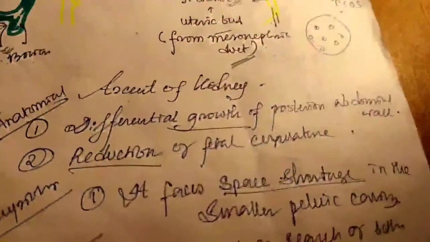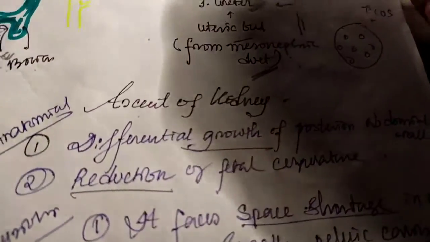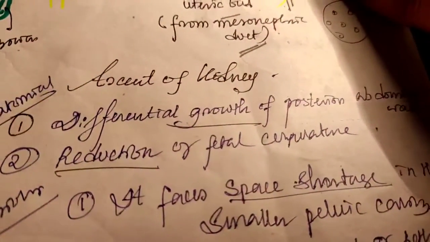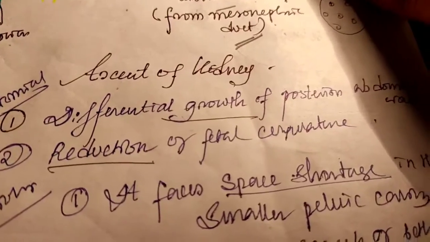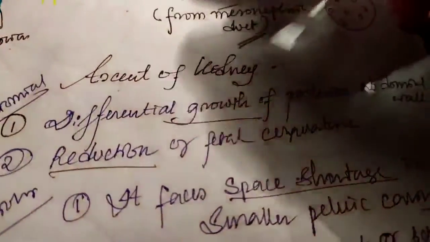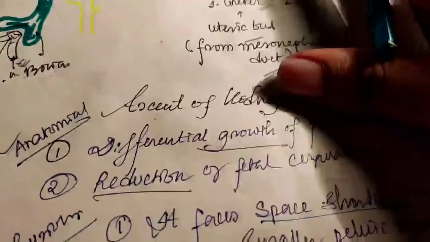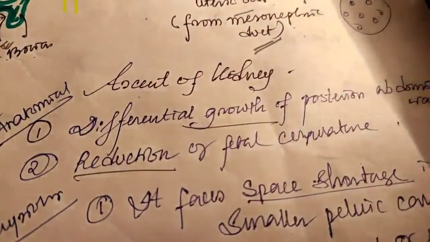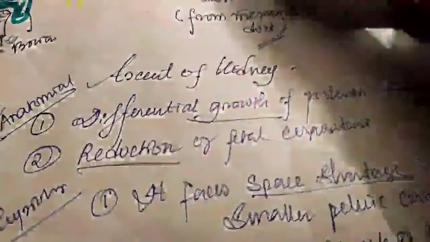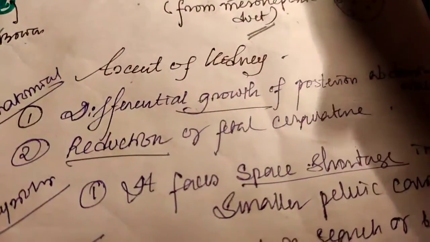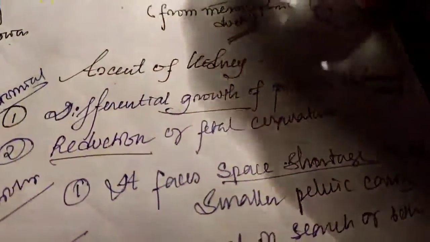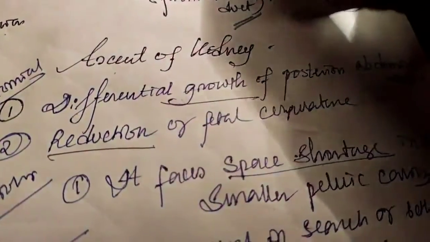Now there is one more topic, the ascent of the kidney. As we all know, the descent of the testis is done by the gubernaculum, a fibrous band. In the same way, the ascent of the kidney is very important. There are two reasons behind the ascent of the kidney: one is an anatomical reason and another is a physiological reason. The anatomical reason: as we know, the kidney is located in the posterior abdominal wall.